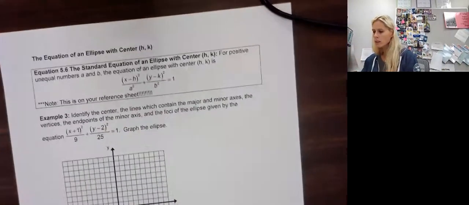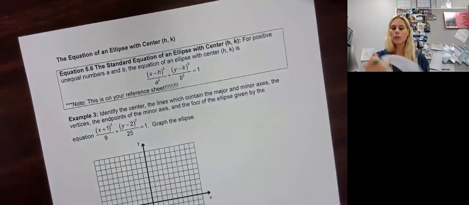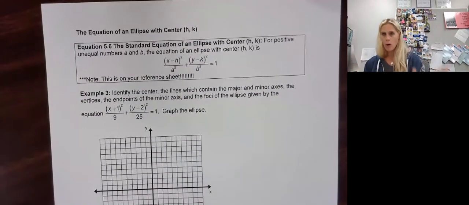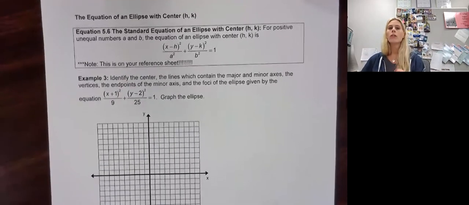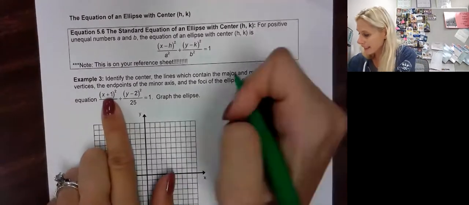All right, next one. Now we're going to talk about what if our ellipse is not at the center 0, 0, and how does that affect how we solve for things. So again, h, k is our standard form of a center. Think of the opposite. If we look at example 3 here, it says identify the center.